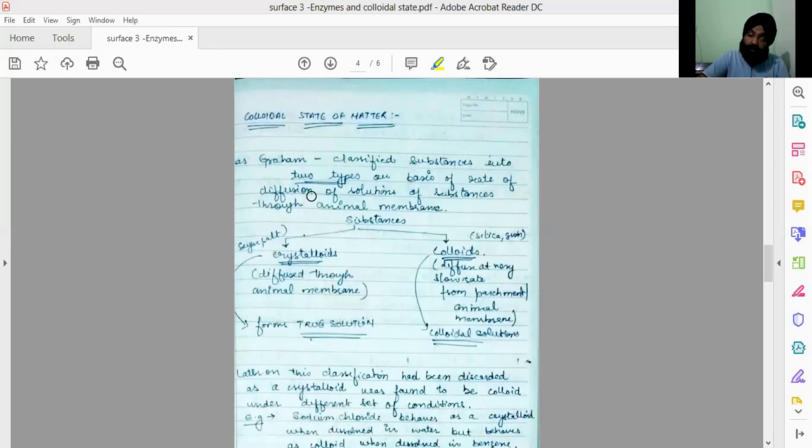He took the solutions of the substances, then he studied the rate of diffusion of those substances through a parchment membrane or animal membrane. On the basis of that, he divided the substances into two categories, colloids and crystalloids.